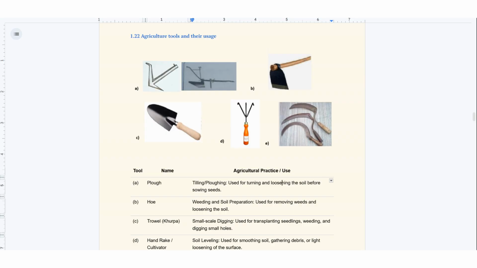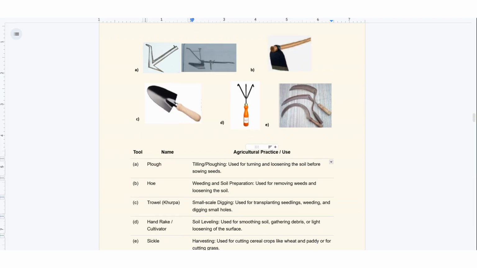Now you can see a small kind of tractor driven by farmers with hands. You need not drive it. Just like a small cycle, you can use it. You can get more things on YouTube and Google. So the baseline to remember: used for turning and loosening the soils before sowing the seeds.